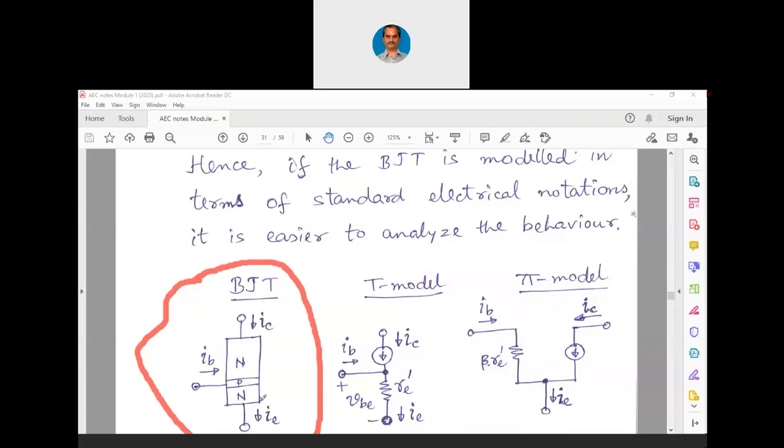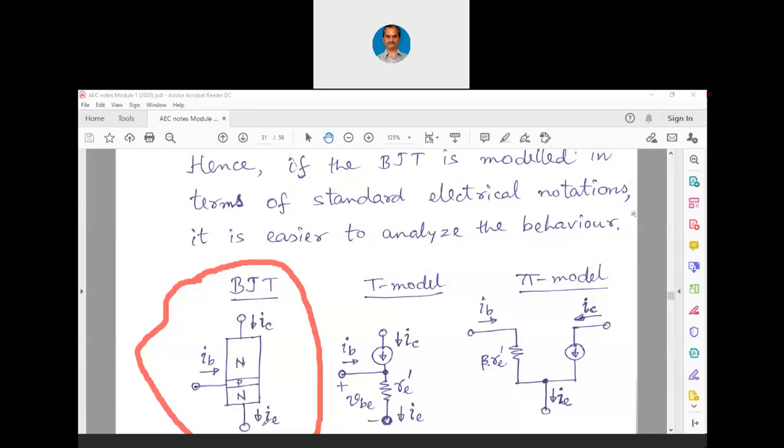What happens to the remaining 990 electrons? The 990 electrons move towards the collector. Imagine there are around 10,000 electrons at the collector. All these 990 electrons which move towards the collector knock all these 10,000 electrons which are at the collector, and totally 10,990 electrons move out of the collector.